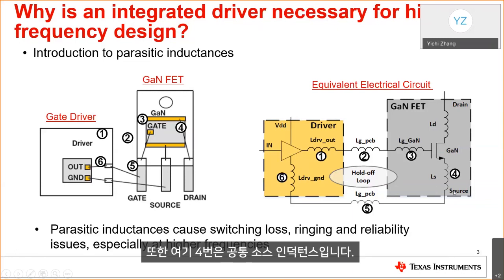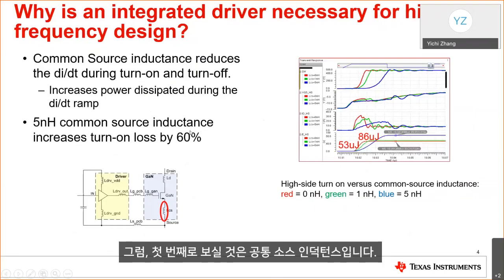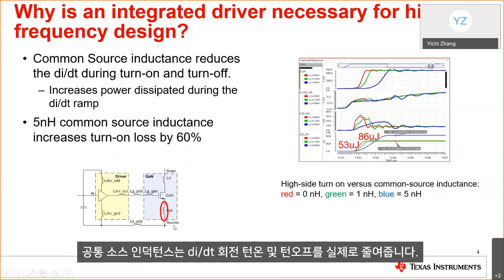Also, number 4 here is a common source inductance, and I will be talking about the effects of this parasitic inductance in the next few slides. First is the common source inductance in the red circle down here. Common source inductance reduces the di/dt during turn-on and turn-off.